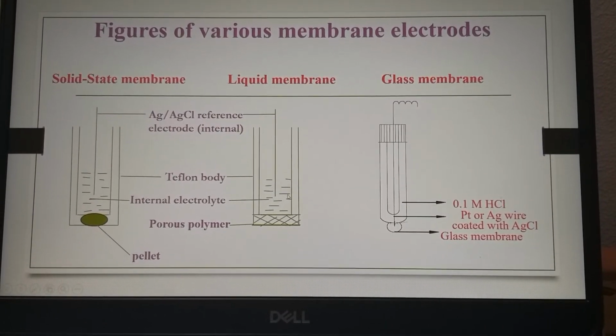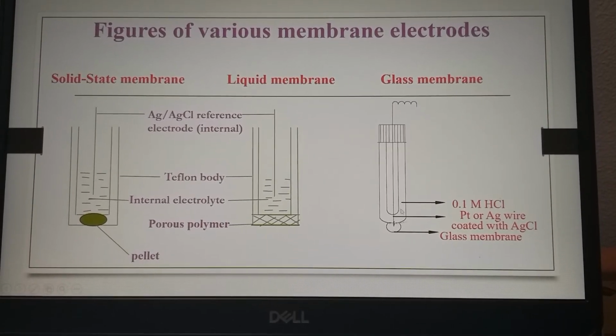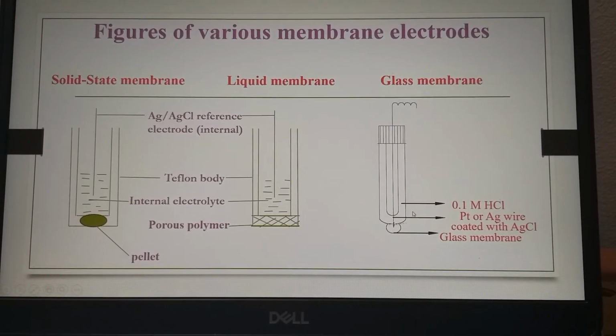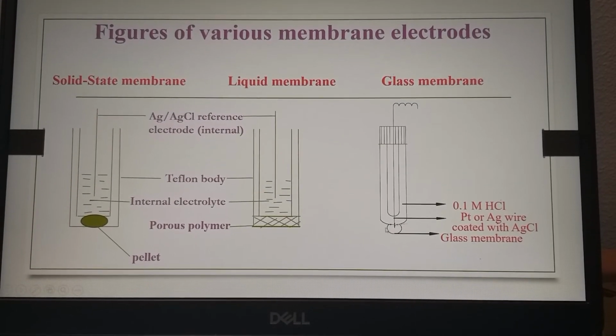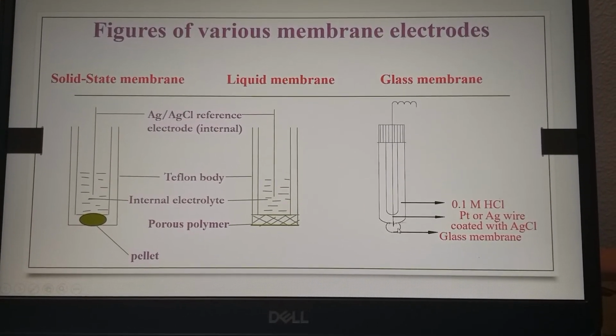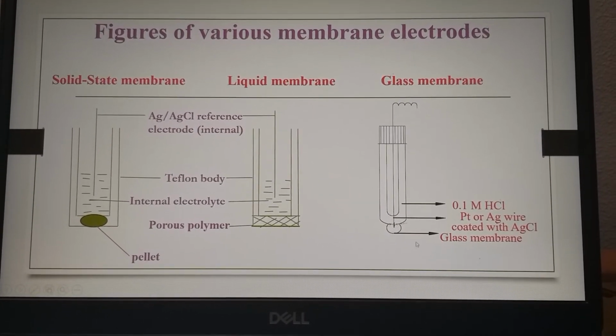So the important three components we can see in the glass electrode also. Here the glass tube is there whose lower end is modified in the form of a bulb which is made up of soda glass. Only this part is made up of soda glass, not the entire one.